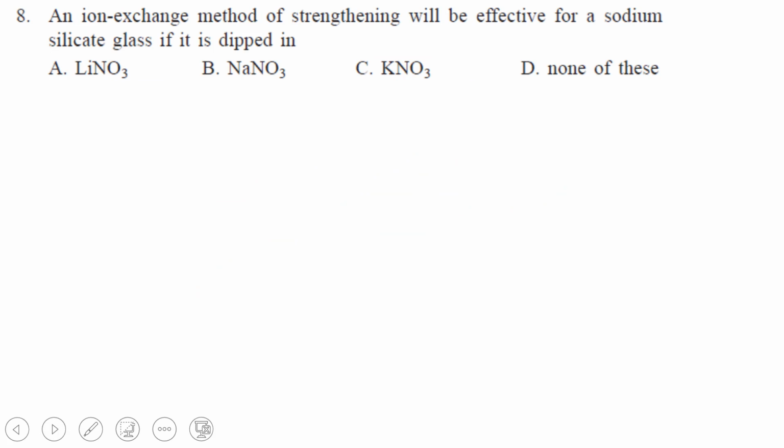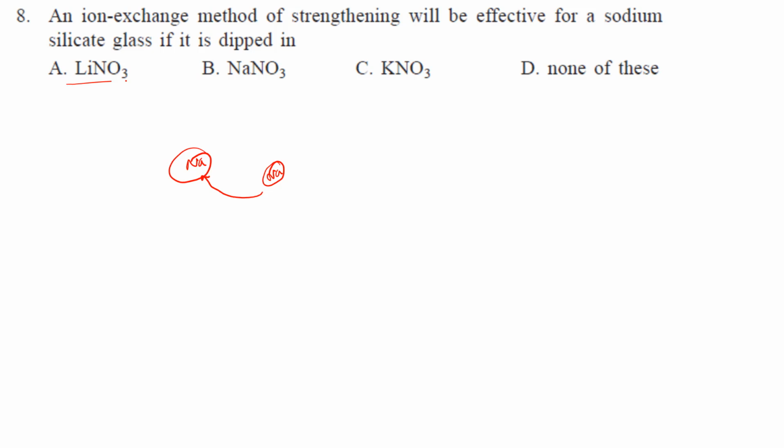Okay, let us move. An ion exchange method of strengthening will be effective for a sodium silicate glass. Sodium silicate, right? So sodium is there. To make this effective, we have to replace this sodium with some cation which has a larger size than sodium.